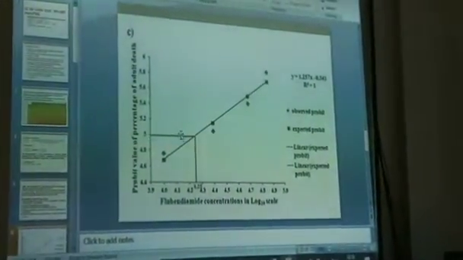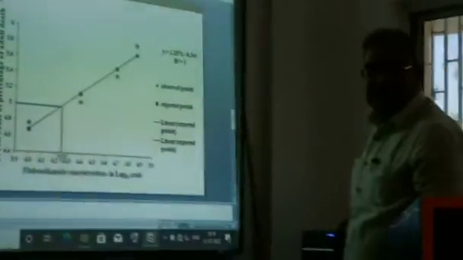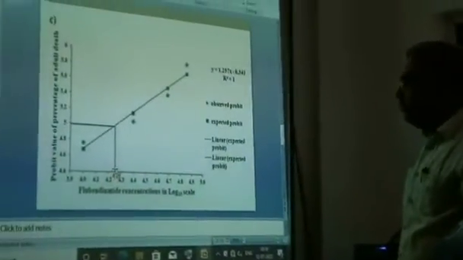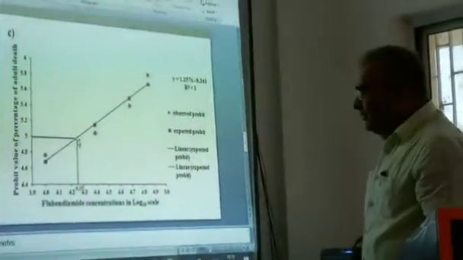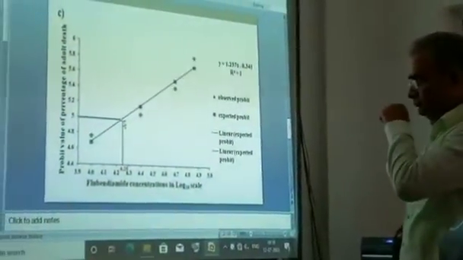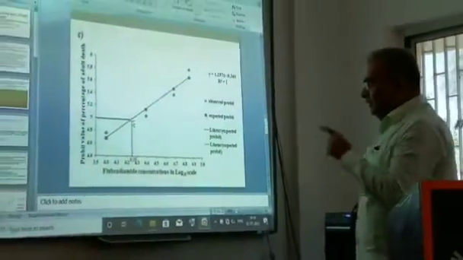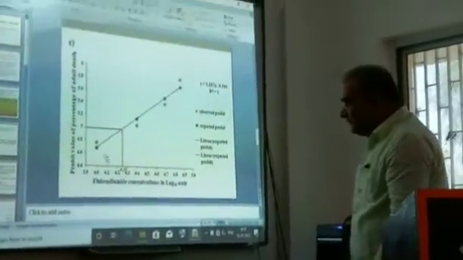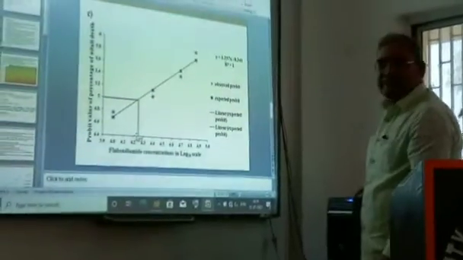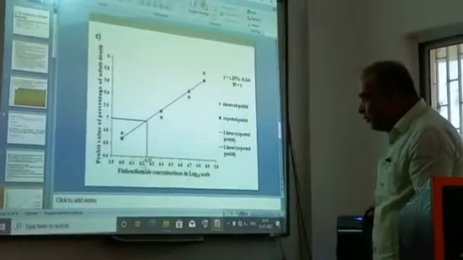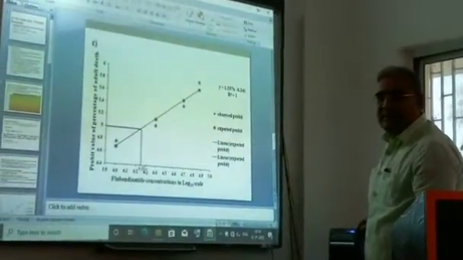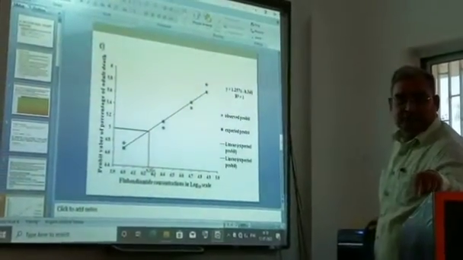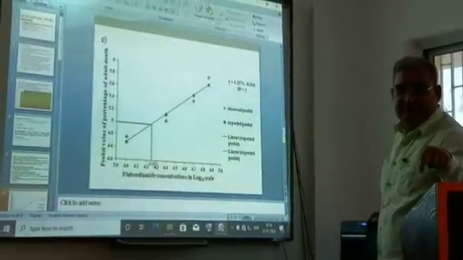You draw a line in parallel to the x-axis to touch the regression line, and from the regression line, you draw a parallel line to the y to the x-axis. And here the value 4.25, that is the log value of the LC50. It is the graph representation. LC50 and LD50, whichever it is.